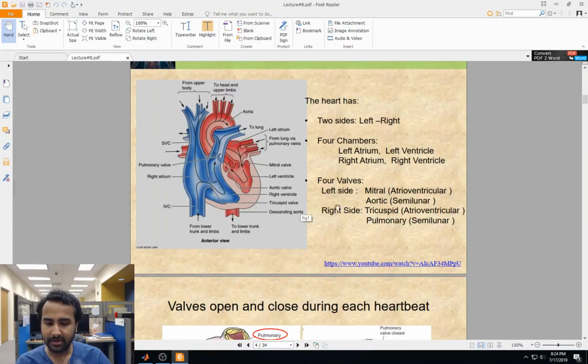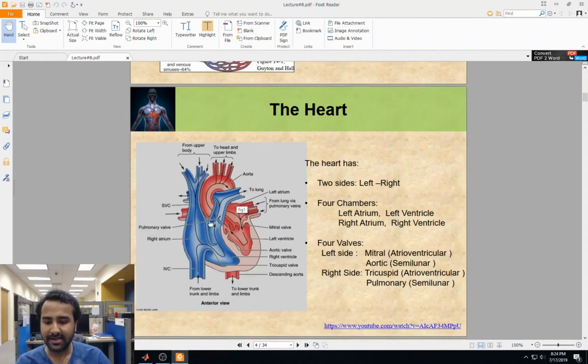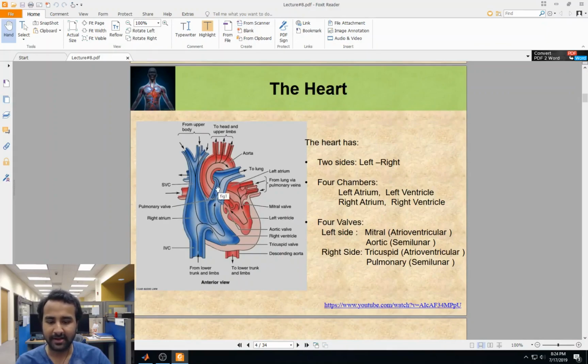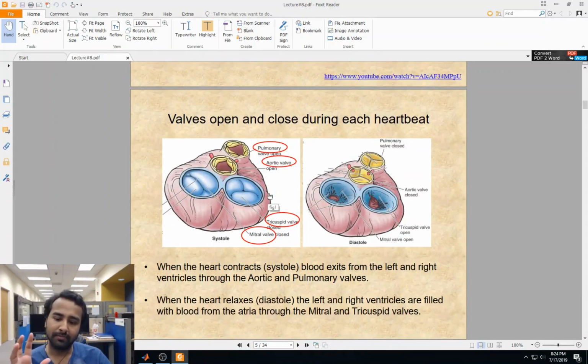First, let me talk a bit about how these four valves work, and then once I go through each of the individual components, we'll do a quick loop on how the blood flows, and hopefully it ties everything together nicely. So first off, about the valves. The valves beat in a synchronized fashion.